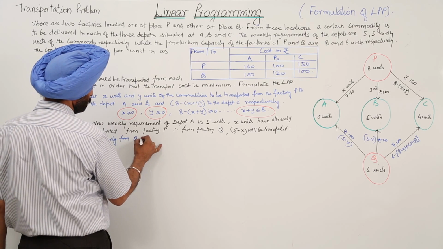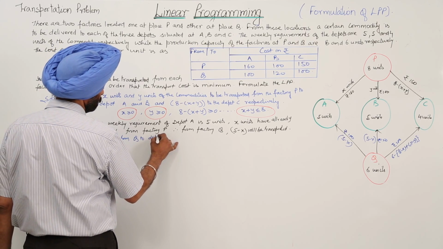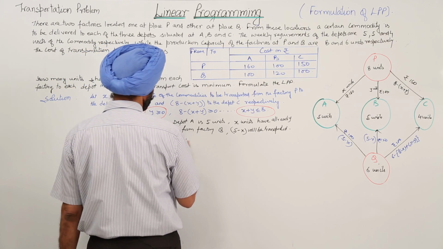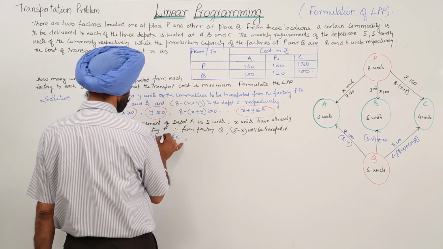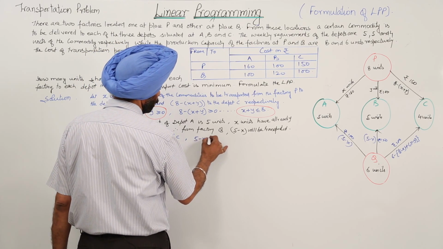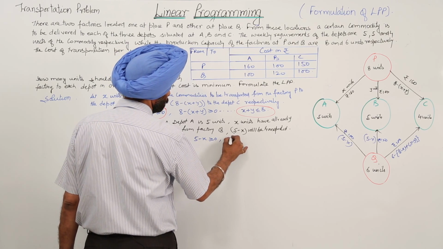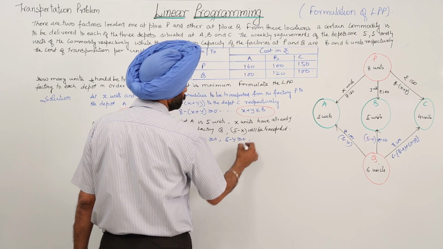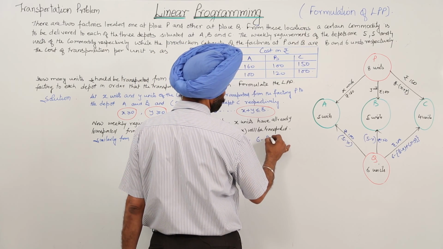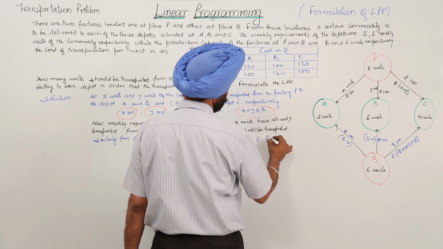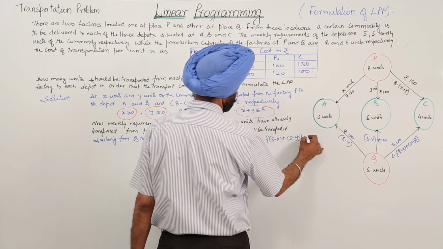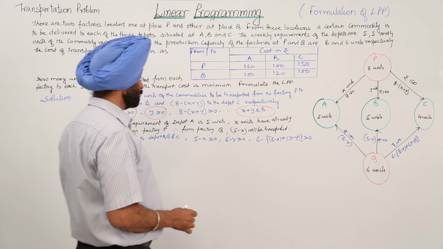Similarly from Q to depots A, B and C, we have 5 minus X greater than or equal to 0, 5 minus Y greater than or equal to 0, and 6 minus (5 minus X plus 5 minus Y) greater than or equal to 0.